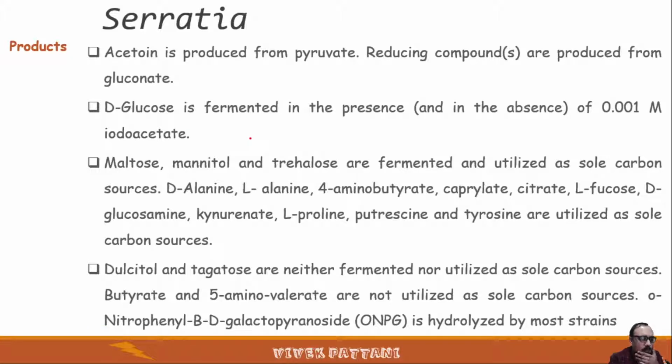Now, which products are produced by Serratia species? Acetone; glucose is fermented, and maltose, mannitol and trehalose are also fermented.